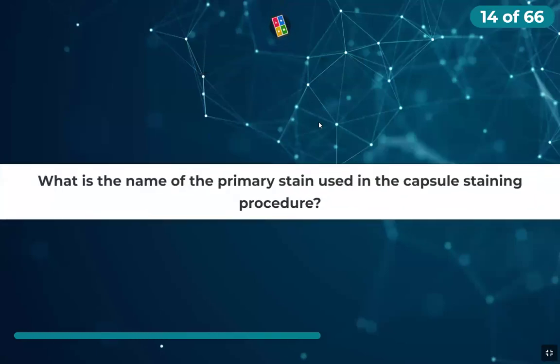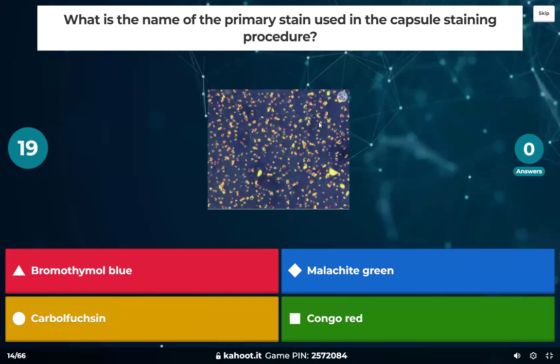What is the name of the primary stain used in the capsule staining procedure? The first stain we use. This is a picture of a capsule stain. Does this organism have capsules, based on this picture? Yeah. The white around those pink cells is the capsule.